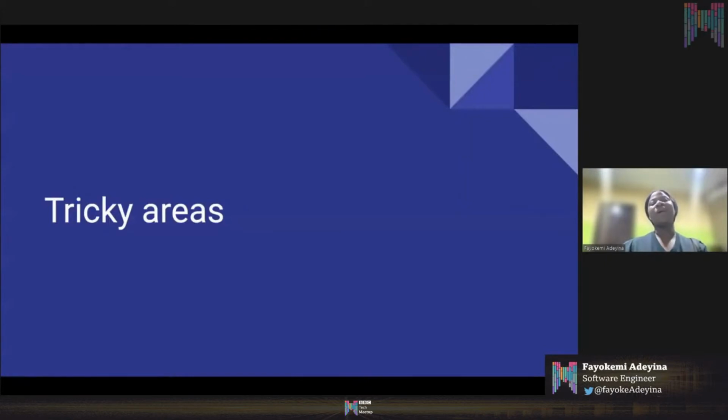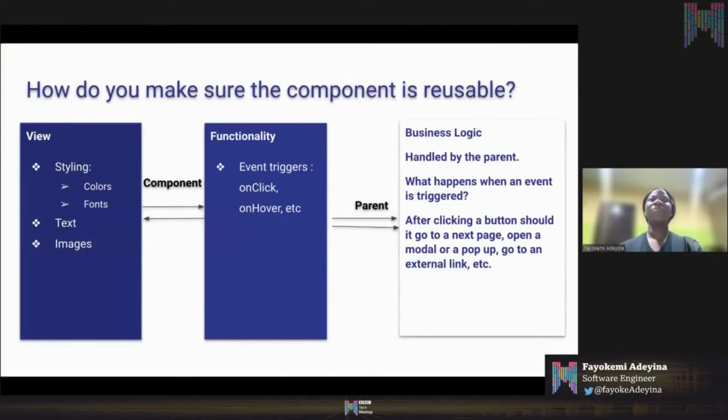And yeah, tricky areas. A lot of times, from personal experience, I've seen some teams say they are using a reusable component, and then those components are not flexible, in the sense that it already has a color, it already has a font style, they already have fixed images, or the on click is already stipulated inside of that component.